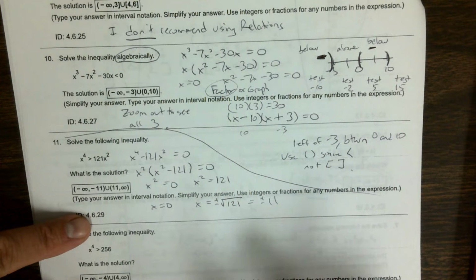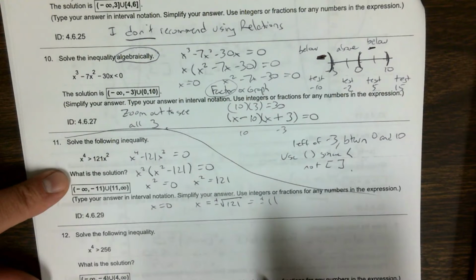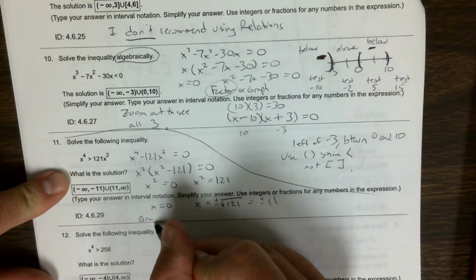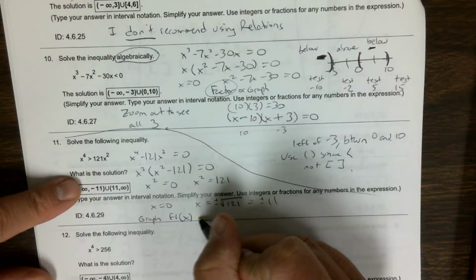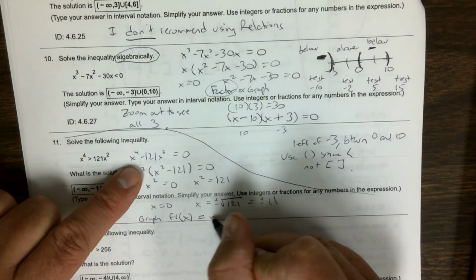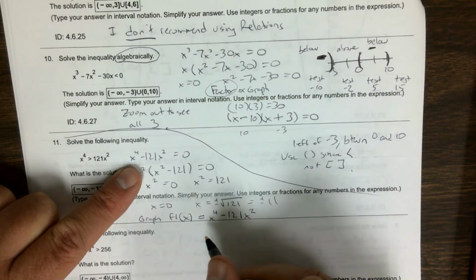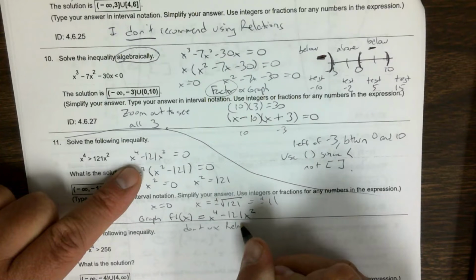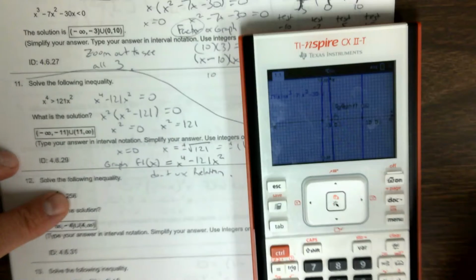If you were to graph it, I would graph function 1 equal x to the 4th minus 121x squared. Don't use relation. So here we go.